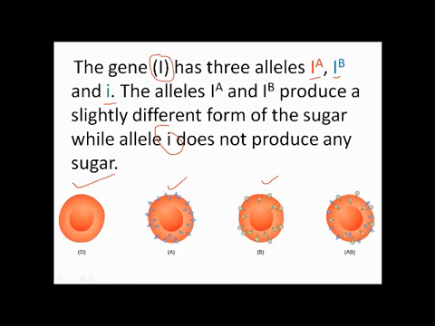And here you will find that the blood group is AB because of the presence of both the IA and IB alleles in the human.